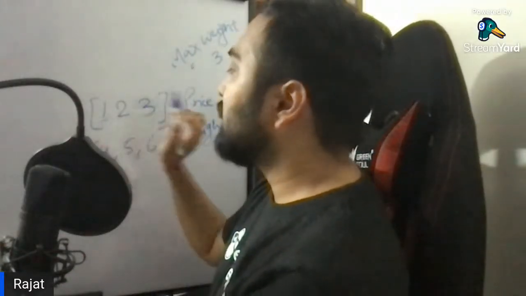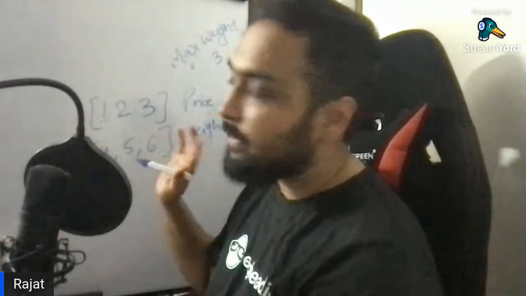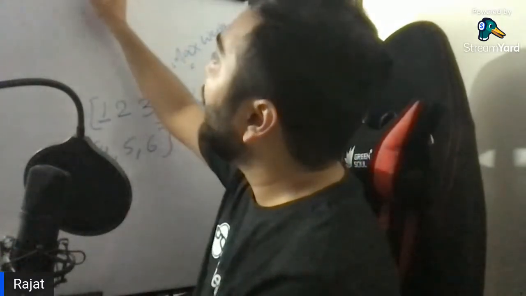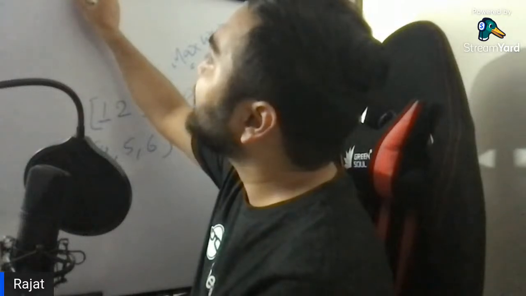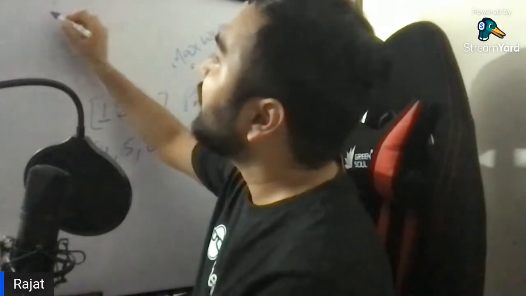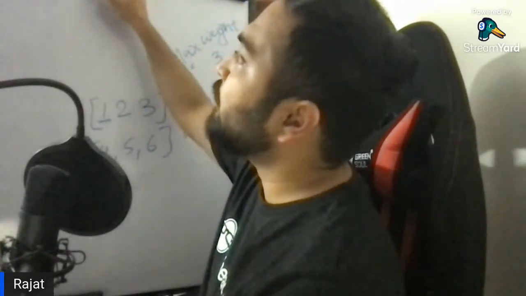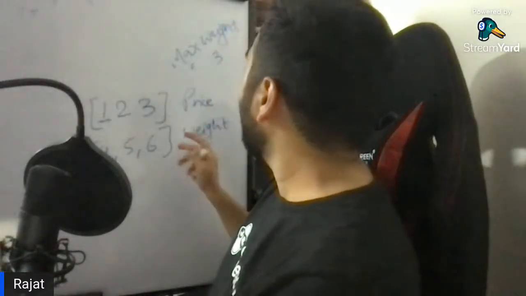So first thing, if I choose it or if I don't choose it, right? Let's say this is the first item. If I choose it, I put a 1 over there. If I don't choose it, I put a 0 over there. If I choose it, the total value will be 1 plus something.